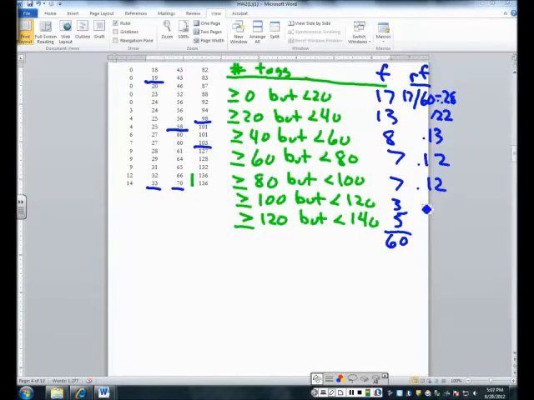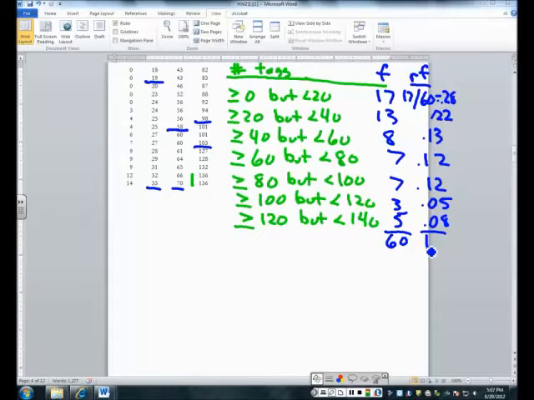Then 5 divided by 60, that's 0.083, so let me make that 0.08. And that does add to 1, which it should. So now we have the frequencies and the relative frequencies. I'm going to finish this part, because if I don't, I'll lose all of this.